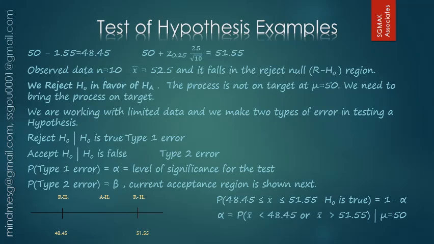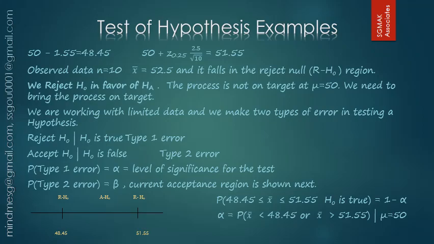Now your observed data is 52.5, which falls in the reject null region. So in this case, based on the data, we're going to reject the null hypothesis, reject null in favor of the alternate. So the process is not on target at mu equal 50. That's what we can conclude based on the data given.